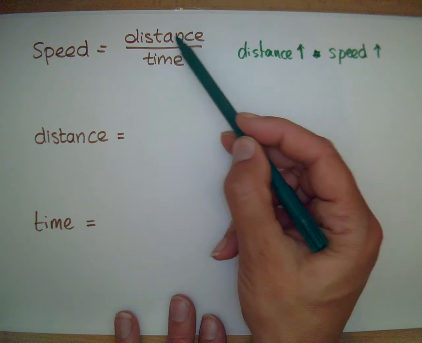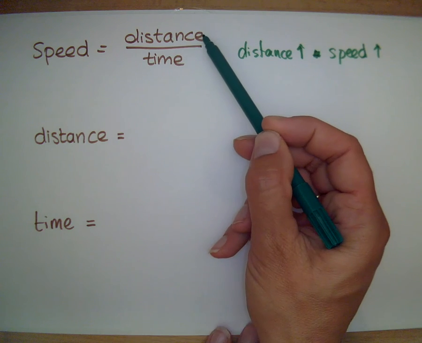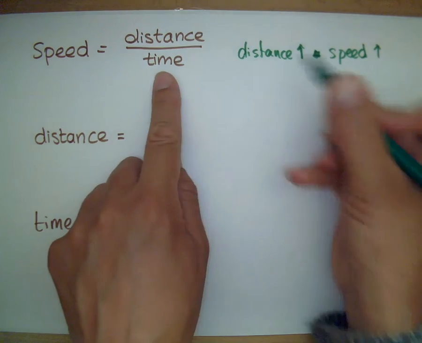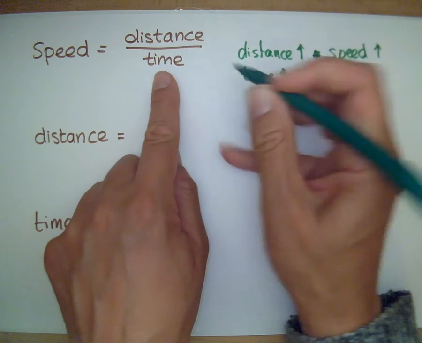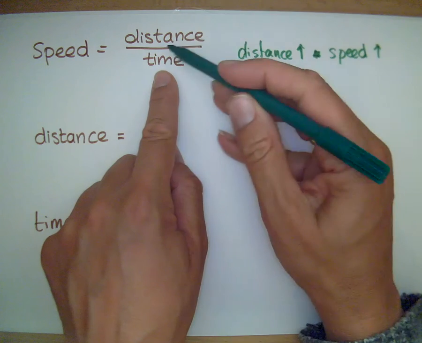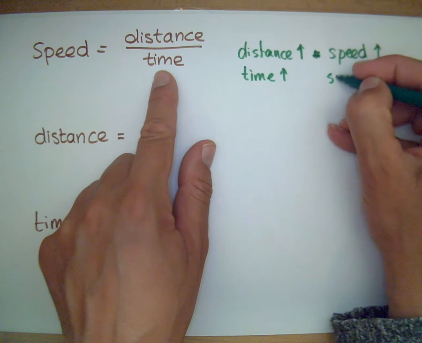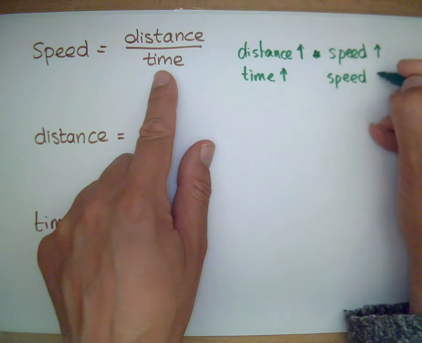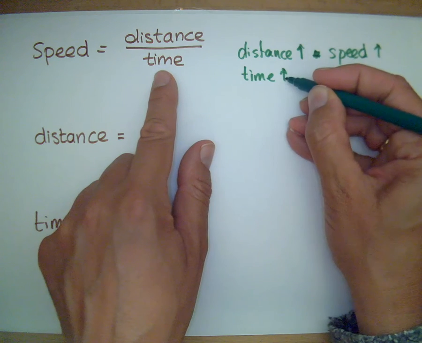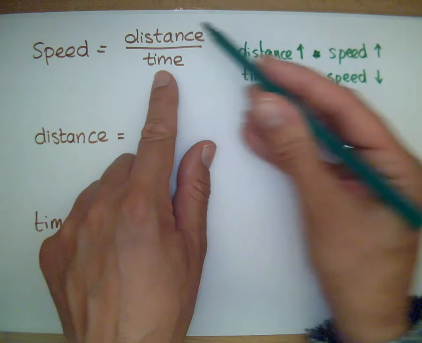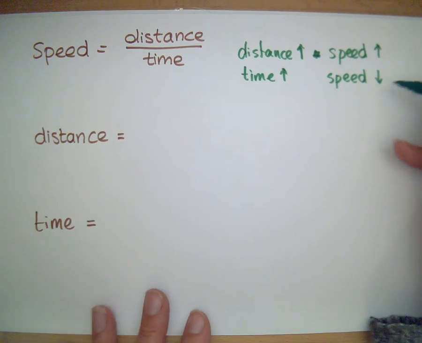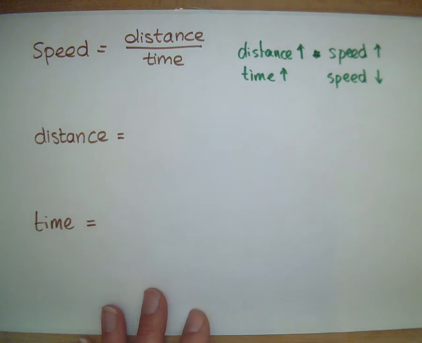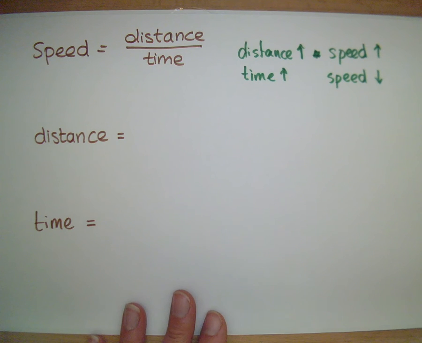Say distance is set, like we're going 1 kilometer. If your time goes up, if you take longer to travel that 1 kilometer, that means your speed went down. If you're taking longer to go that set distance of 1 kilometer, then your speed was lower, right? And that's what you can see in this formula.